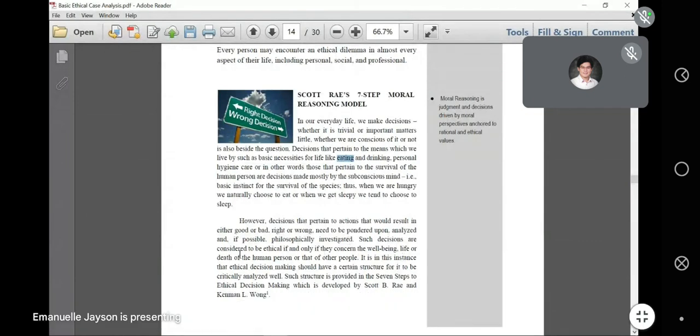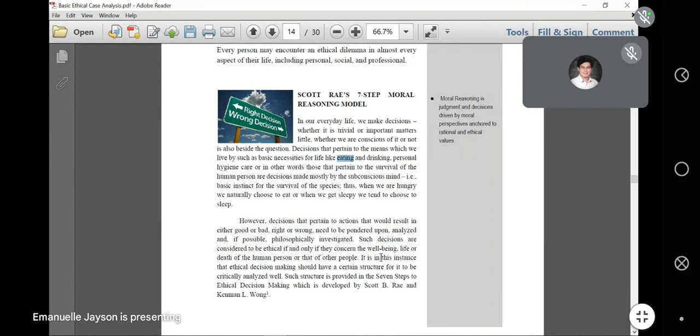So such decisions are considered to be ethical if and only if they concern the well-being, life, or death of the human person or that of the other people. So it is in this instance that ethical decision making should have a certain structure for it to be critically analyzed well.